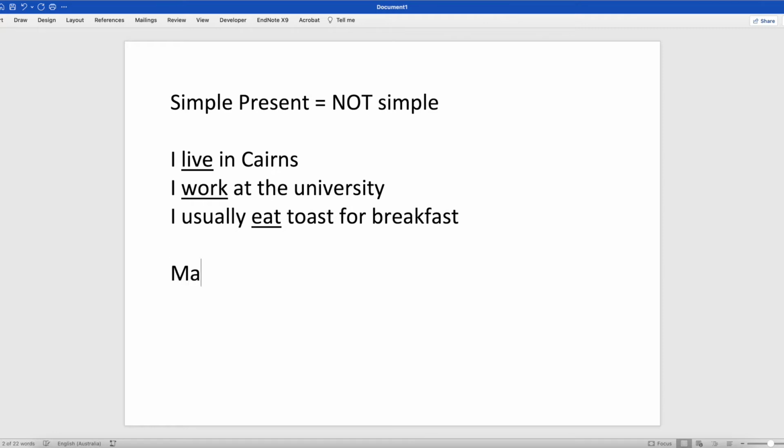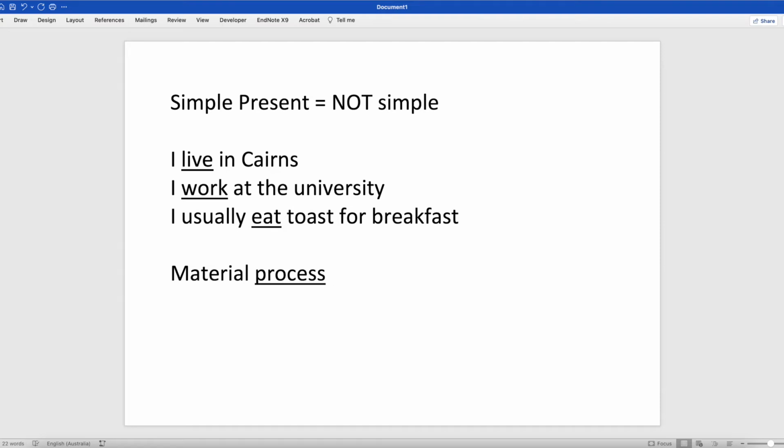A material process, well, first of all, we need to know what a process is. And a process, I suppose it's another word for a verb, but a verb is literally the part of speech.